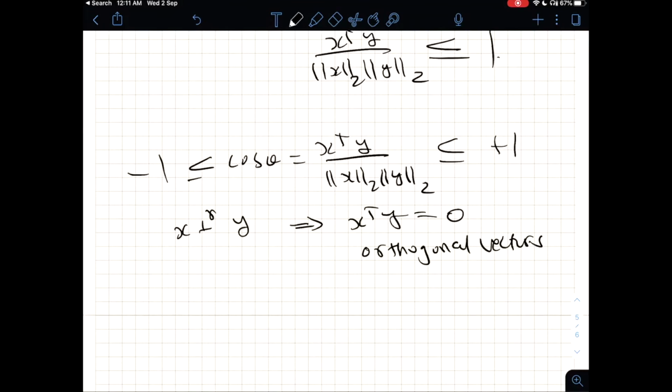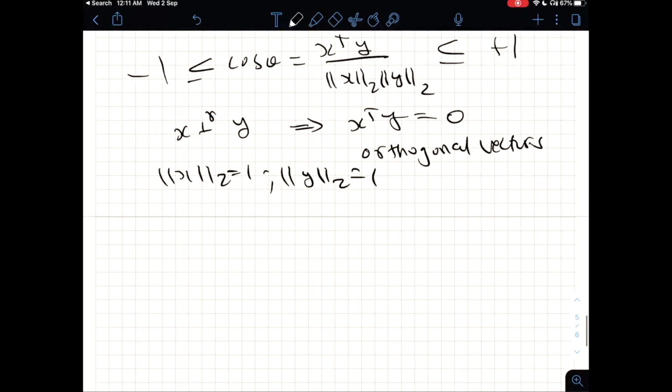But if the length of x vector is 1, that is they are unit vectors, and length of y vector is also unity, and they are perpendicular to each other as stated earlier, then such vectors are called orthonormal vectors.